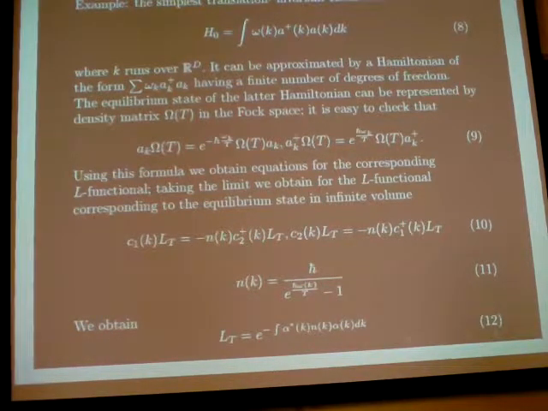This is simple. First of all, notice that for a discrete approximation of this Hamiltonian, you can write down the equations for the Gibbs state. You can write down equation number 9 here. The Gibbs state is represented as the exponent of the Hamiltonian divided by the trace of the exponent of the Hamiltonian.